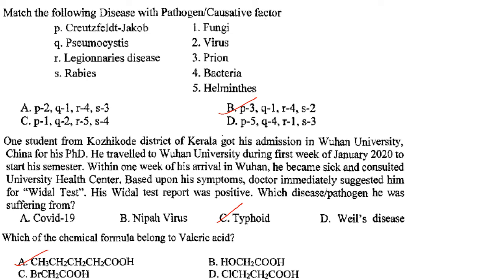Based upon his symptoms, the doctor immediately suggested him for Vidal test. His Vidal test report was positive. Which disease or pathogen was he suffering from? So Vidal test is for typhoid, and he was positive for Vidal test, that means he is suffering from typhoid. Answer is option C.